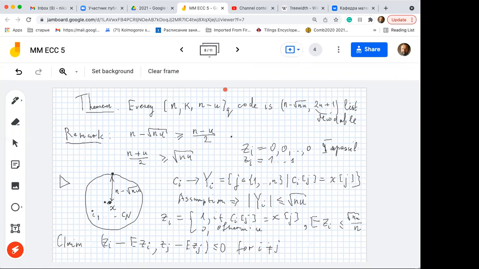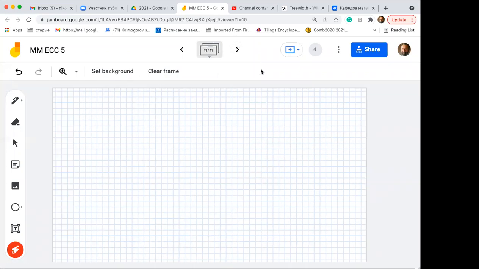Let's see what this means for Reed-Solomon codes. For Reed-Solomon codes, we obtain the following corollary. Recall that Reed-Solomon codes are codes in which messages are polynomials of certain degree, say at most k. Then the dimension is k plus 1, and the distance is n minus k, assuming that the block length is n.